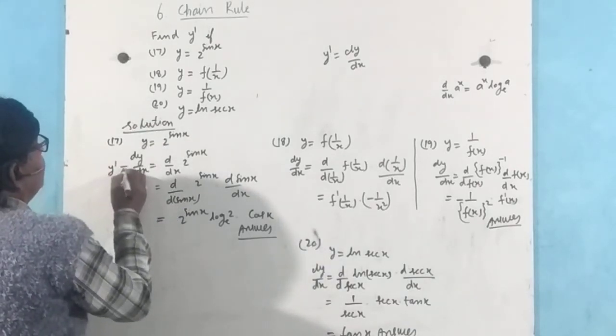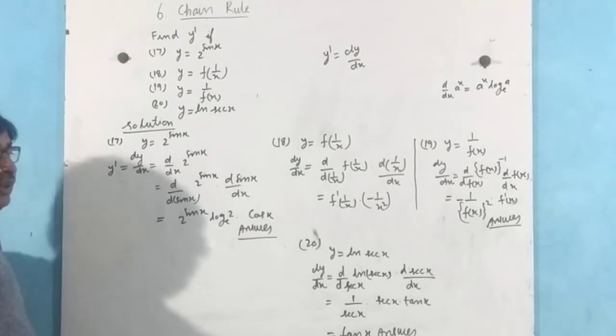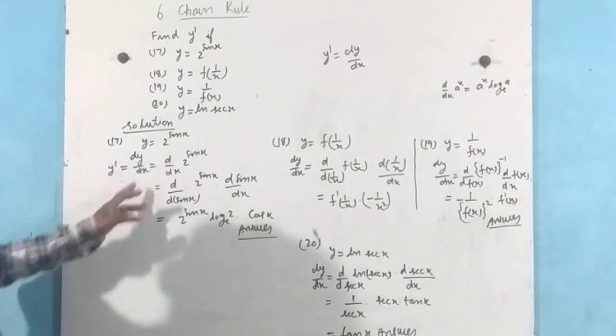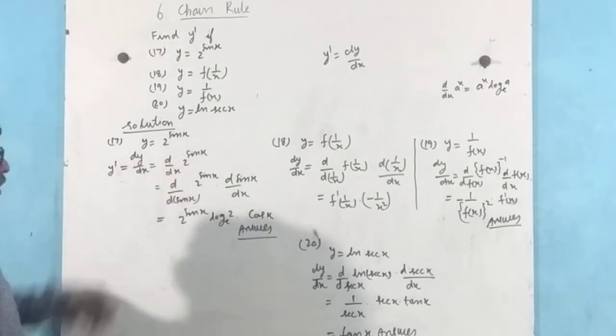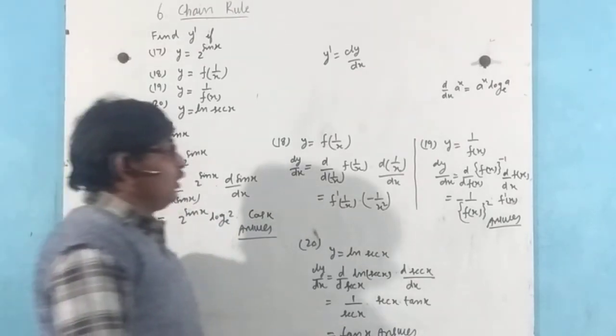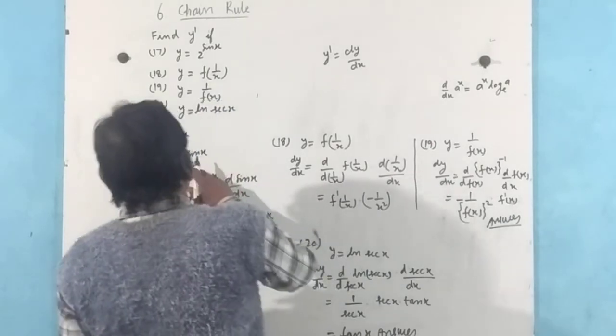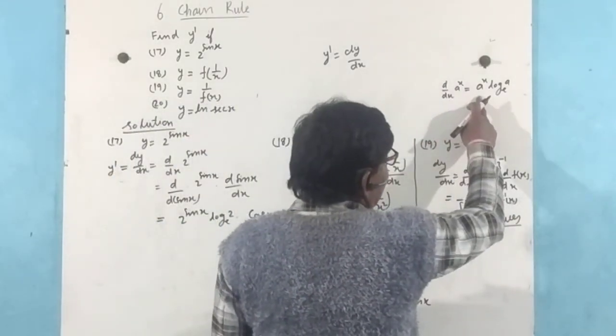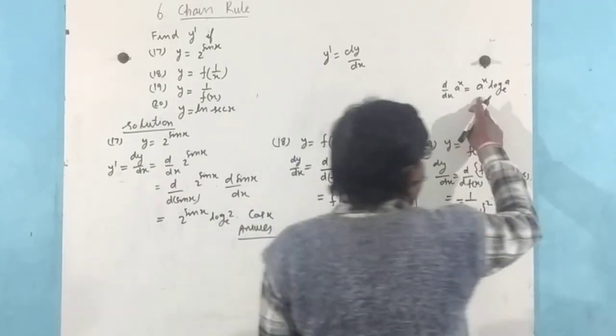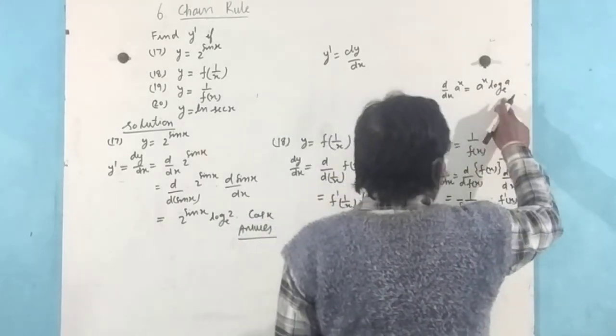y dash equal to dy by dx, and differentiating with respect to x, d by dx of 2 to the power sin x. Now we know that, where a is a constant, d by dx a to the power x equal to a to the power x log a base e.